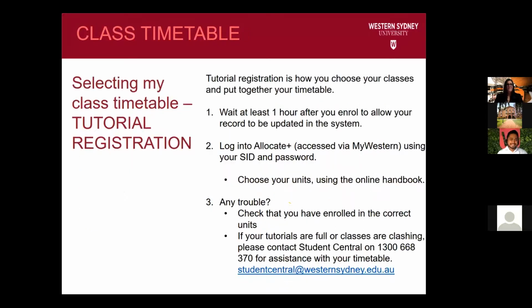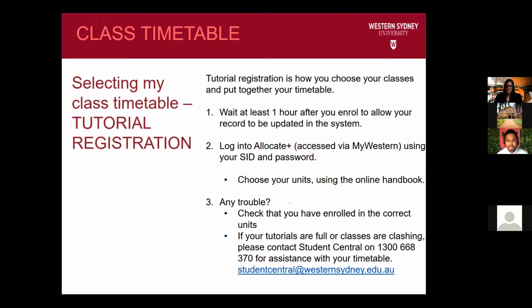The next thing that comes into play is securing your timetable. Now, tutorial registration is basically how you choose your classes and secure the times that you're going to be attending, online under the current circumstances, and in future if you do come back to face-to-face classes as well.